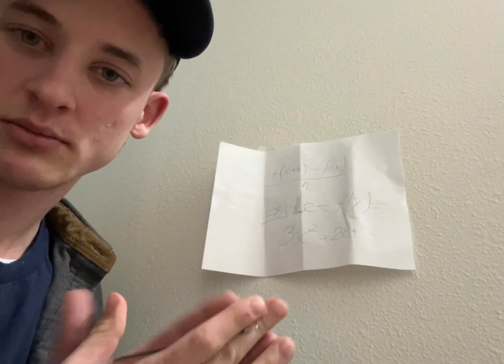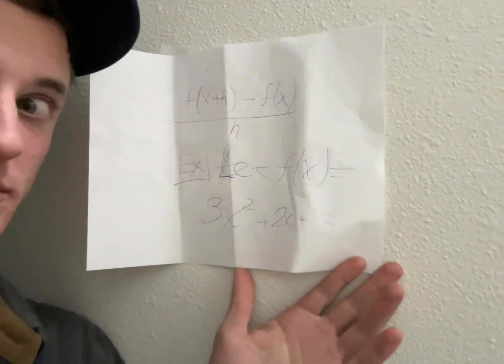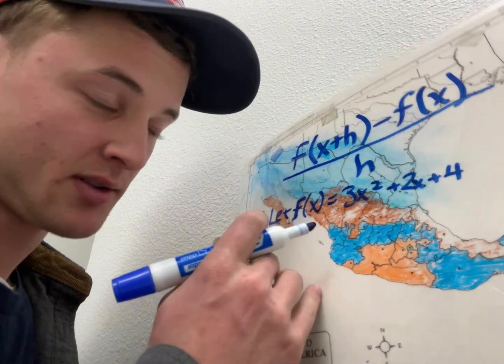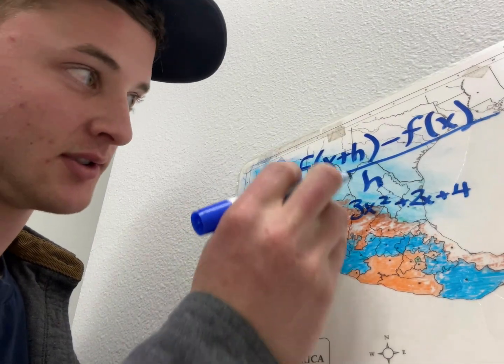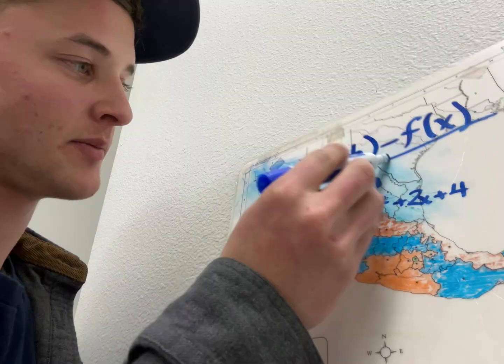Because why not, right? So here's what we have so far one more time, just so y'all can see it real good. Now this is the principal idea we began with. So let's begin by plugging these numbers into this part right here. Just this part, right?